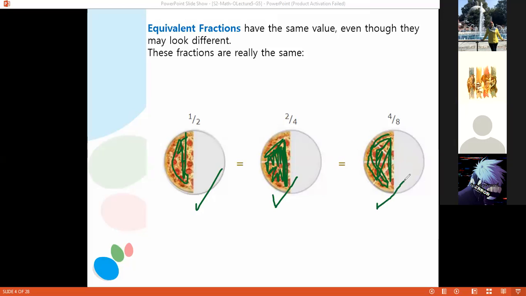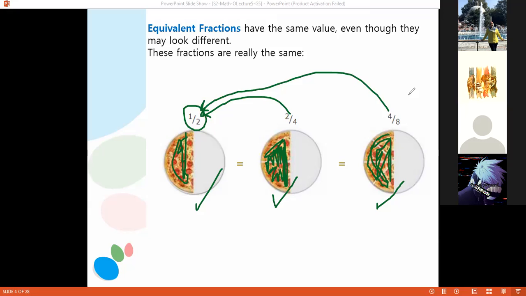So we can find that there are a lot of equivalent fractions to the same fraction. 4 over 8 is also equivalent to 1 over 2. We can find a lot of fractions that are equivalent to 1 over 2. So there are infinite fractions that are equivalent to 1 over 2. Is it clear now?